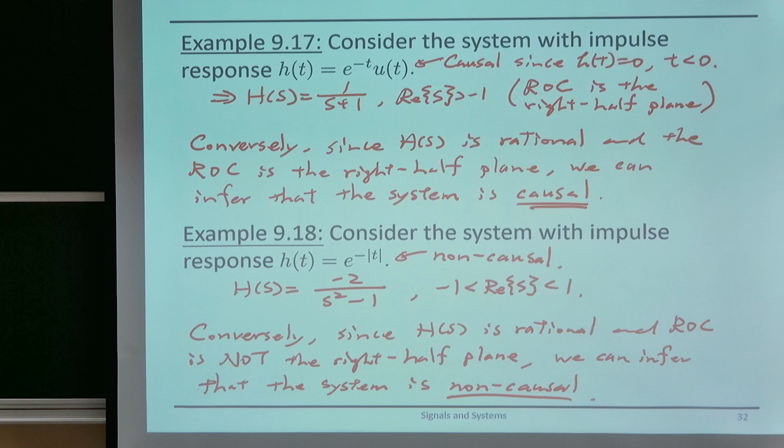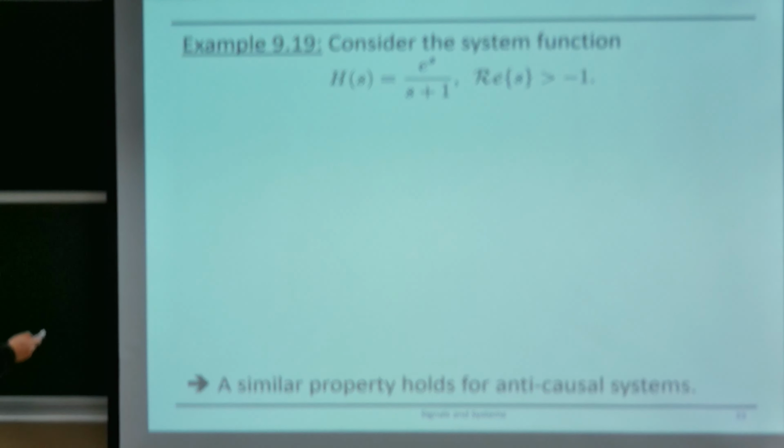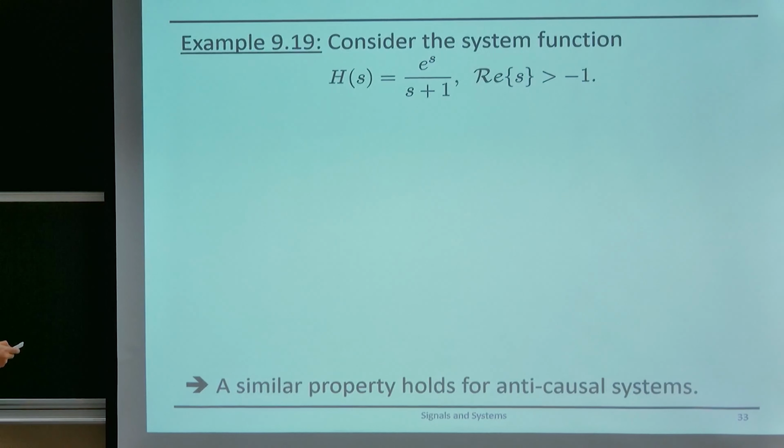If it's not rational, then this may not necessarily hold. This is what we want to see in this example, where the ROC is the right half plane.